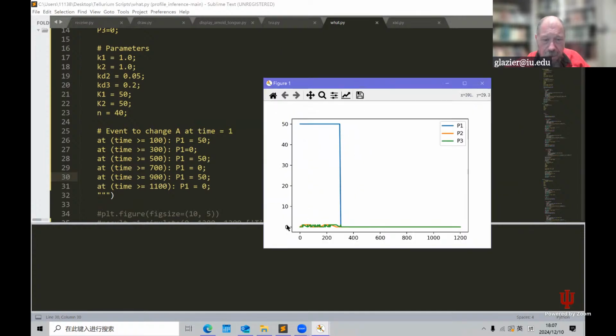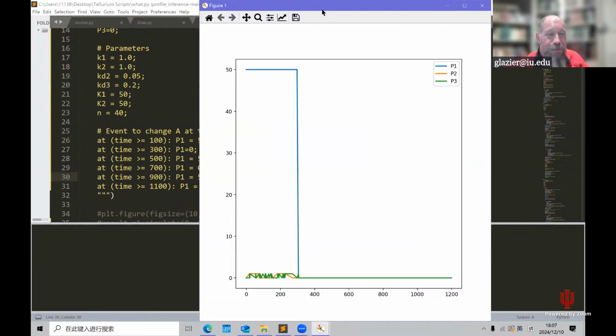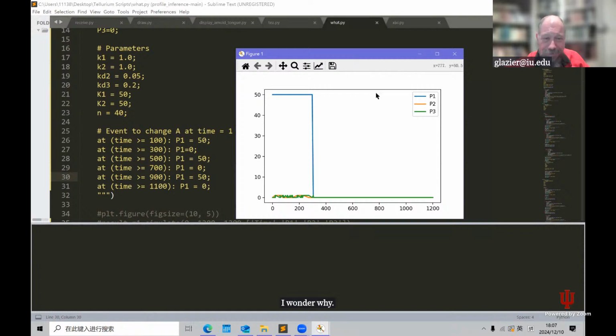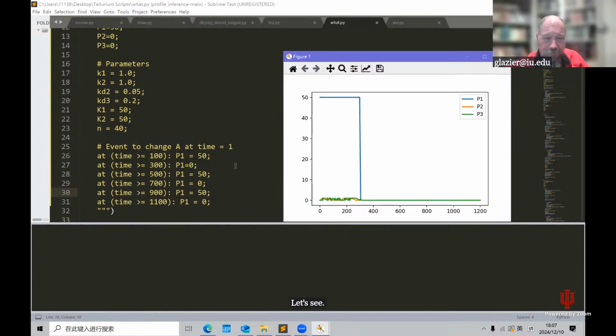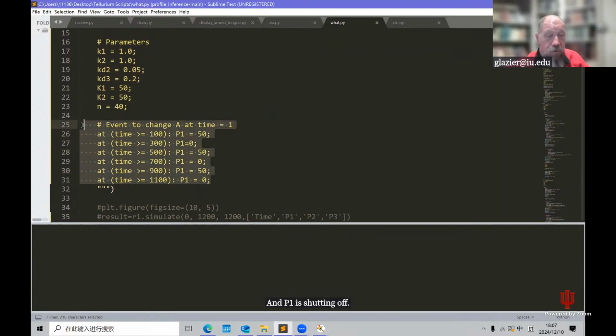Well, so now we're getting some fluctuations, but P2 and P3 are staying resolutely between 0 and 1. I wonder why. And P1 is shutting off. So at 300, P1 is shutting off.